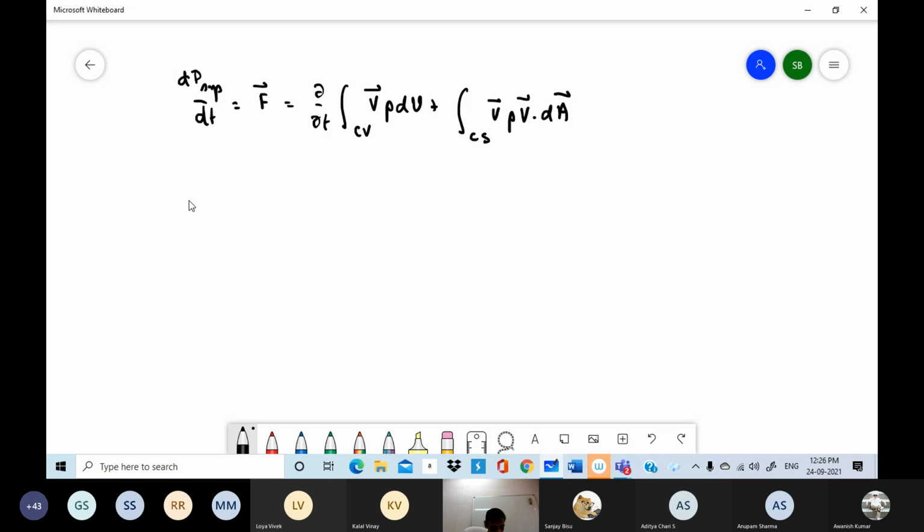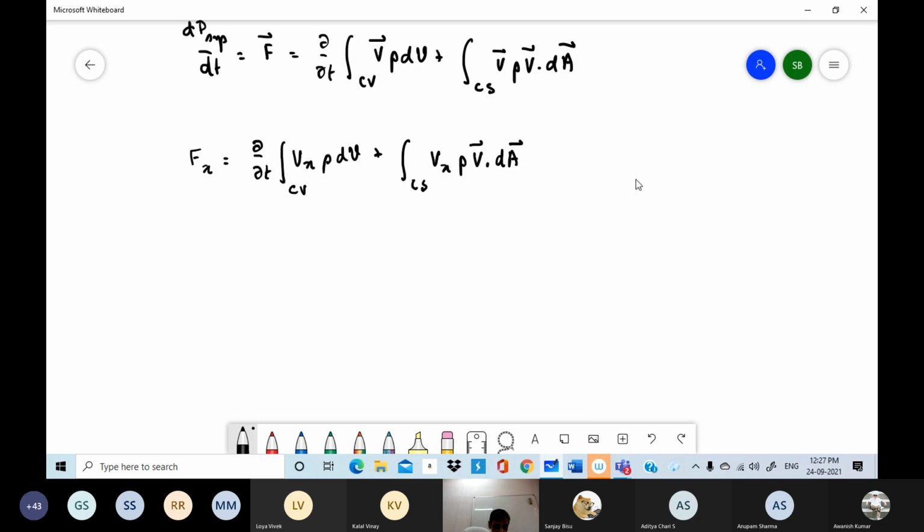So then we had shown that, okay, the x component of this was, so this is what we were writing.